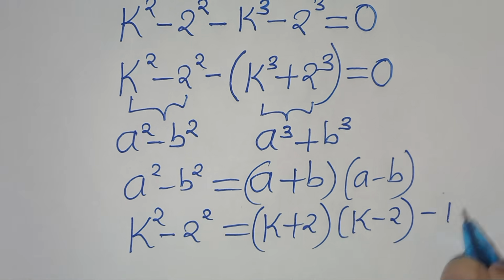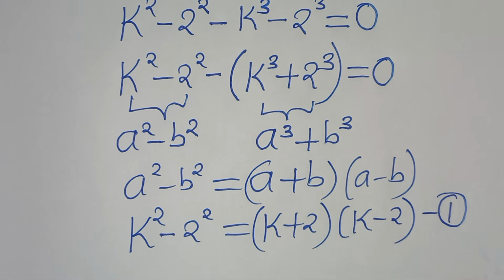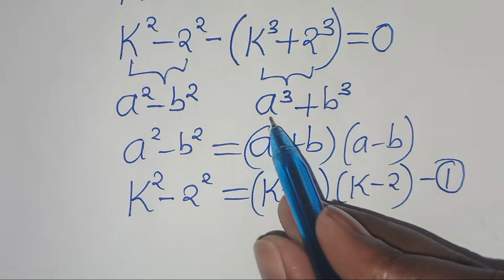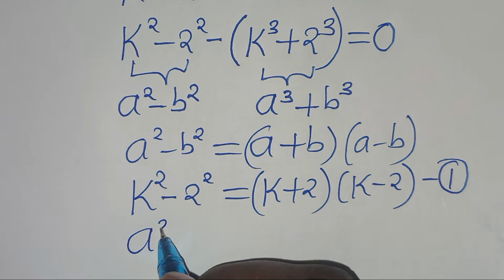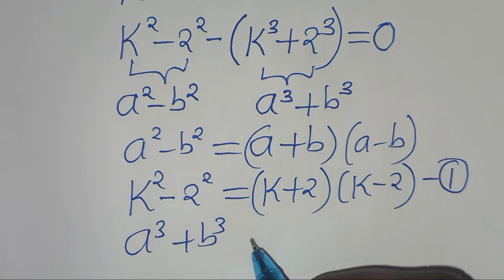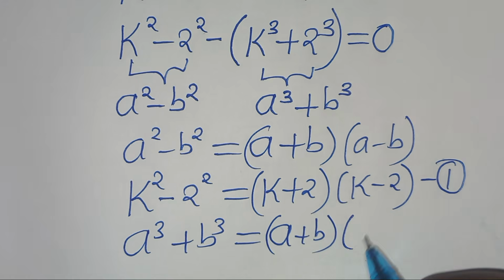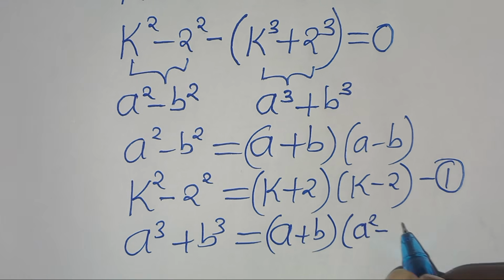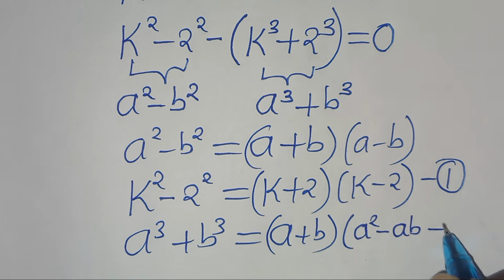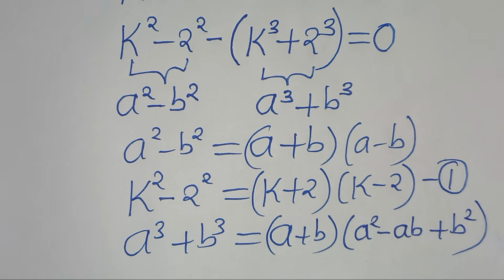Let's call this case 1. Then we have the sum of two cubes here, a to the power of 3 plus b to the power of 3, which is a plus b multiplied by a to the power of 2, subtract a times b, then plus b to the power of 2.